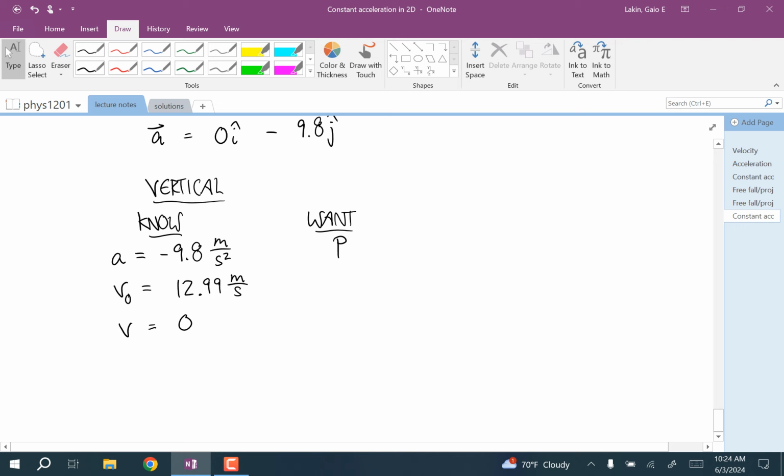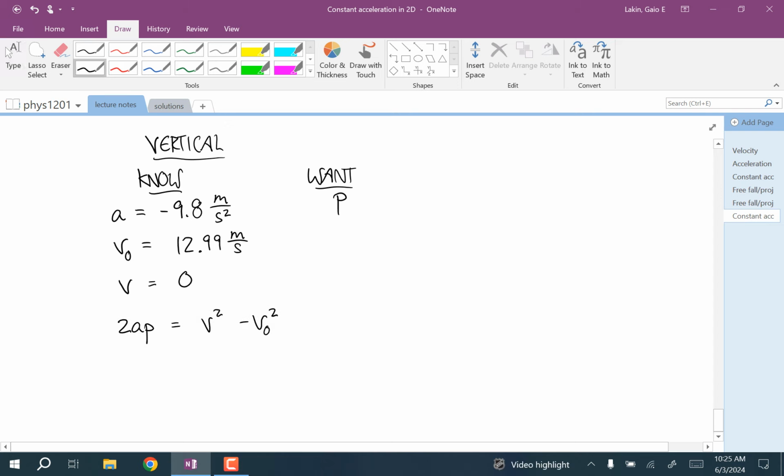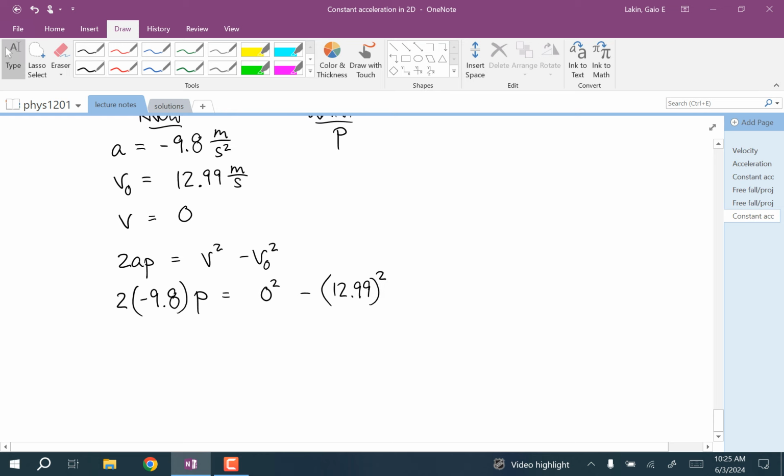And now we're looking for an equation that works with these, and we can use 2AP is equal to v squared minus v0 squared. And so that says 2 times negative 9.8 times p is equal to 0 squared minus 12.99 squared. And if you solve this equation, you're just solving for p.